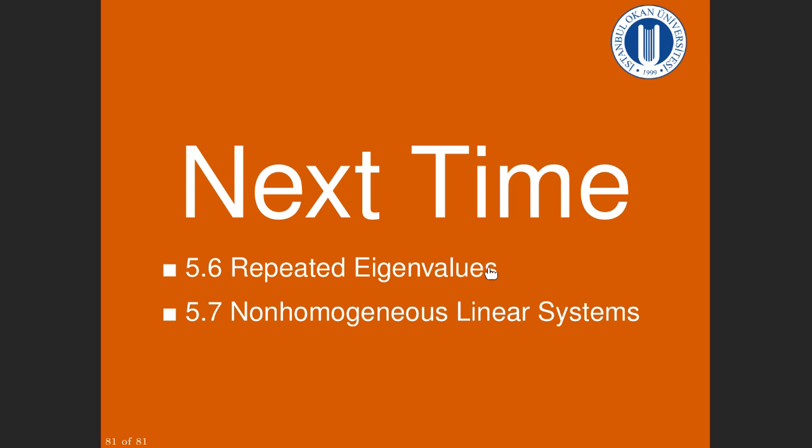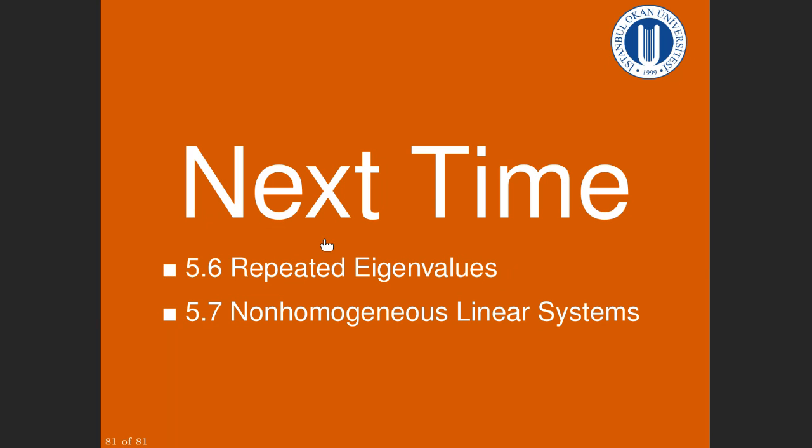Next week, in the final lecture, we're going to cover the final 2 sections. Section 5.6, which I've called repeated eigenvalues, should actually be called repeated eigenvalues where we don't have n linearly independent eigenvectors.